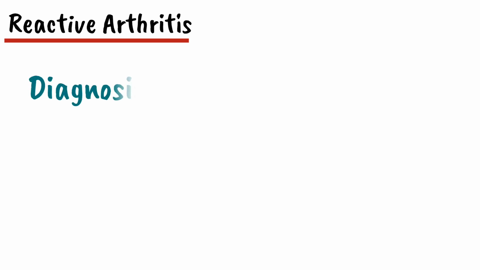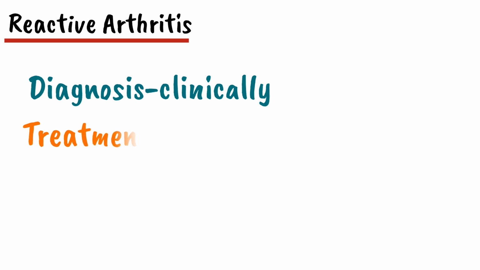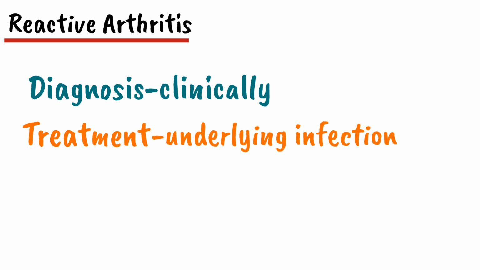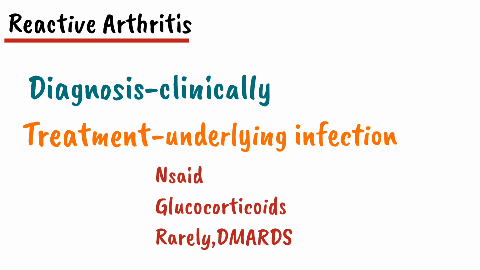We diagnose reactive arthritis clinically and we treat the patient by treating the underlying cause, meaning that we will give antibiotics to treat the primary infection, which will eventually treat the reactive arthritis. If the patient's arthritis symptoms still persist, we can use NSAIDs, glucocorticoids, and rarely we can use DMARDs.